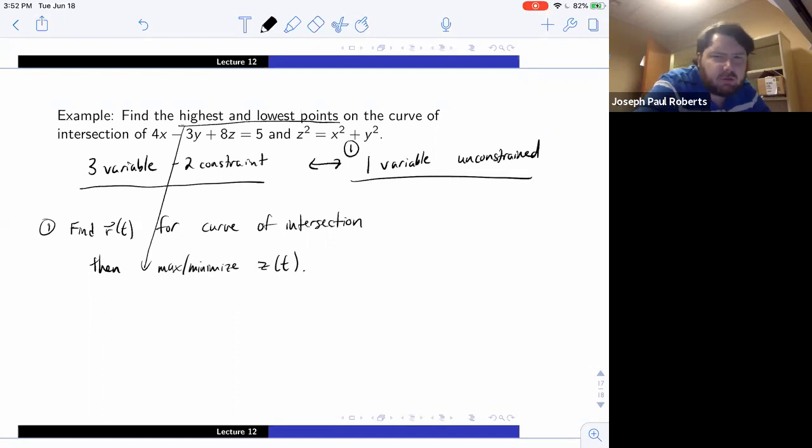You'll notice, though, that this isn't like the examples that we did back in chapter 13. Usually we had some kind of circular cylinder or parabolic cylinder going on as one of our surfaces, and that gave us a nice way to get this. So let me see if I can. Oh, okay.